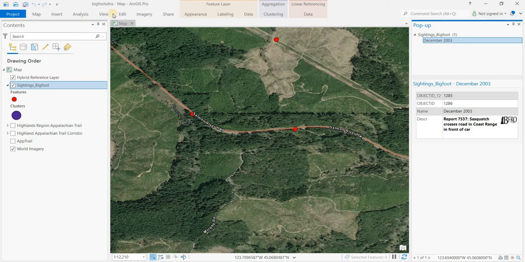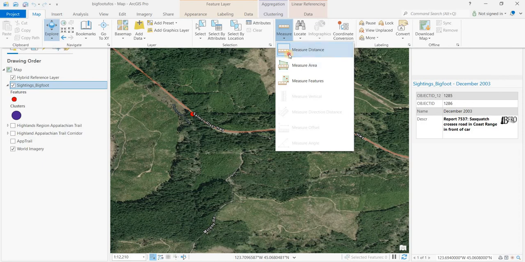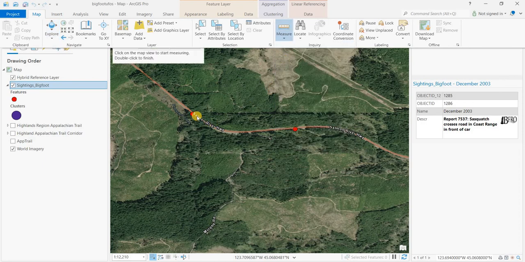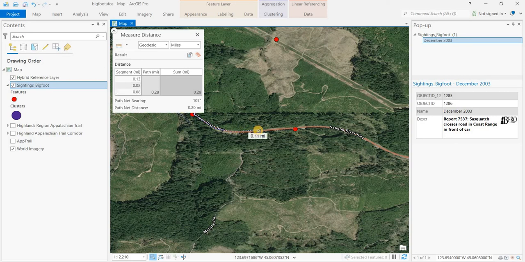So let's have a look and see how far apart these are. Very close. Just over a third of a mile apart.